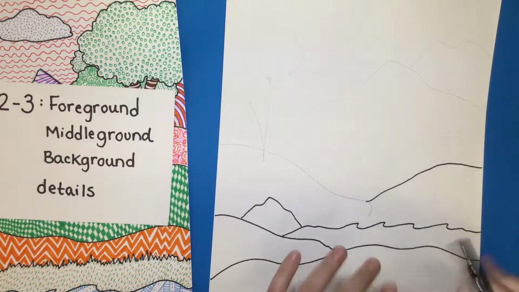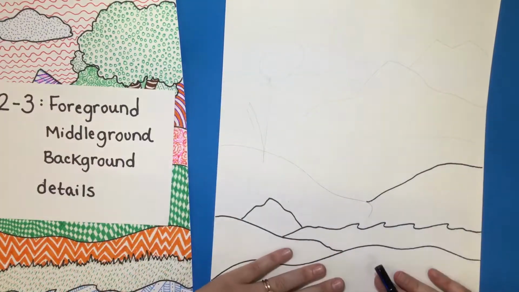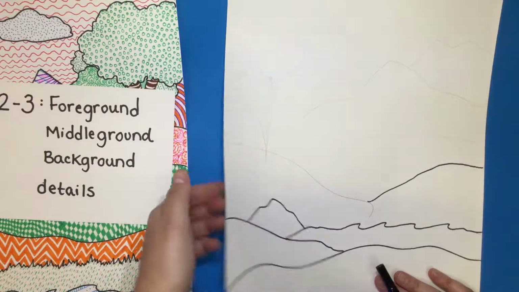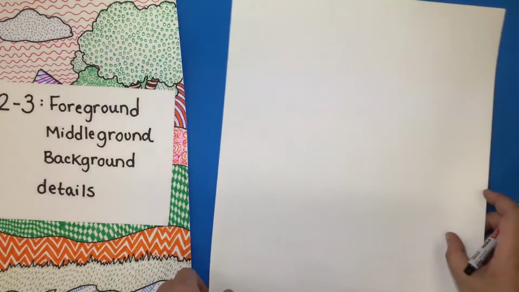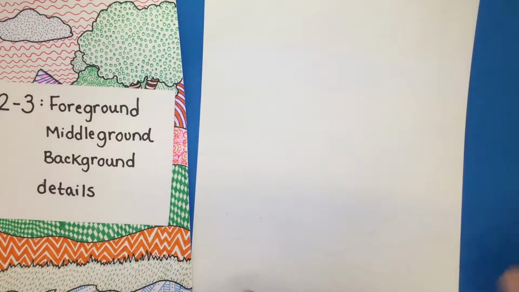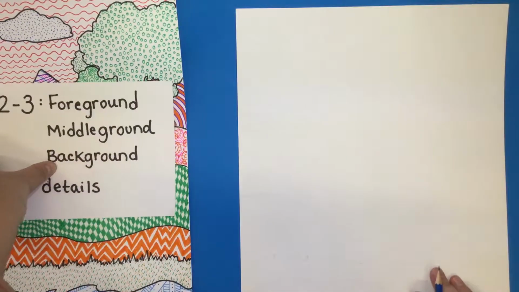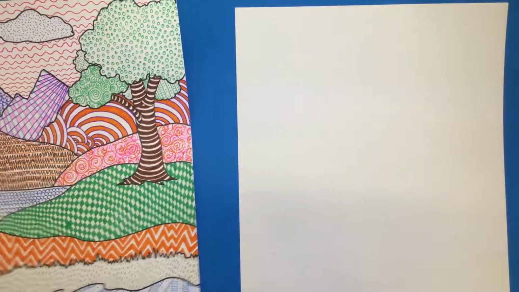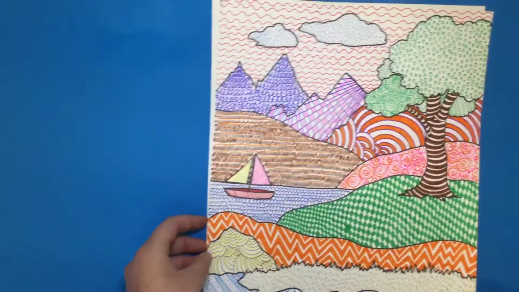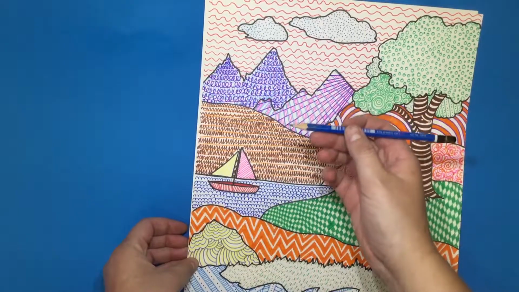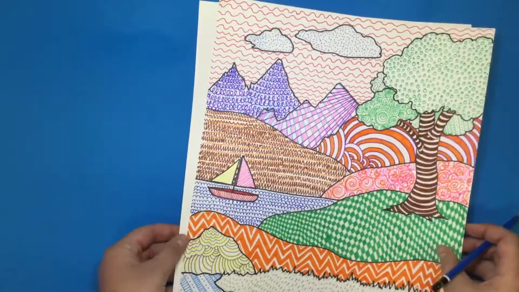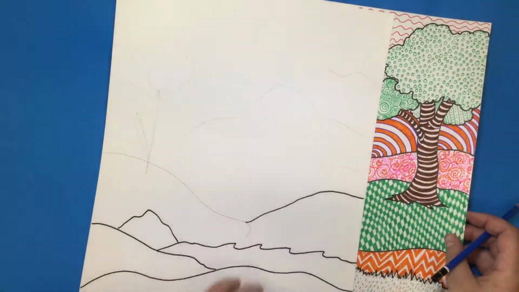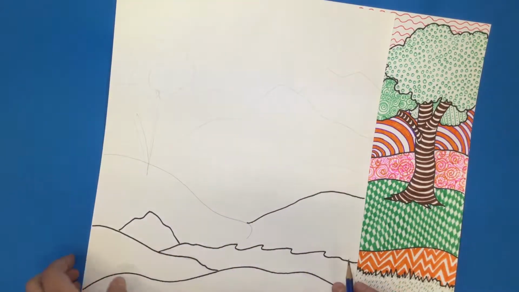After you have traced over all of your lines on your landscape, the next step for today is that you are flipping your paper over to the back side, and I would like you to try and plan as many different patterns as you possibly can with your pencil, not with a marker, because next time you are going to be taking a marker to start your patterns on the front.